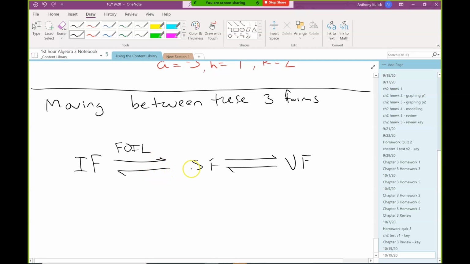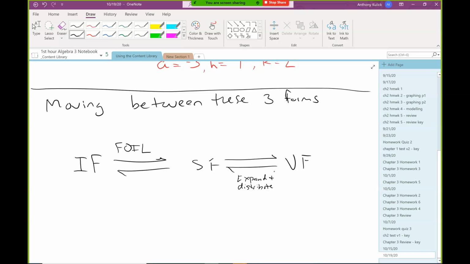To go from vertex form to standard form, we're going to expand and then distribute. We'll explain what we mean by some of these things and develop these techniques and do some examples. Some of these a lot, because some of the techniques will be brand new.